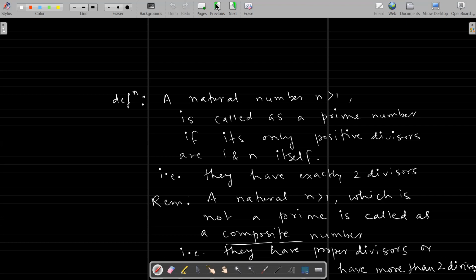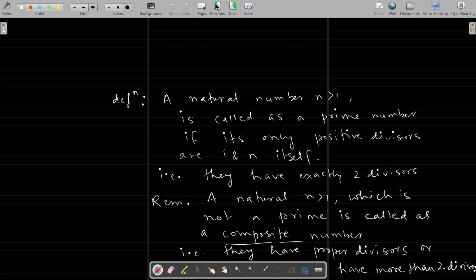Sir, even 0 is like that, right? Yeah, here we are talking of natural numbers, that is 1 and greater than 1. So we don't talk of 0. But anyways, if you want to think about 0, note that 0 has many divisors. In fact, infinitely many divisors. Every number divides 0.